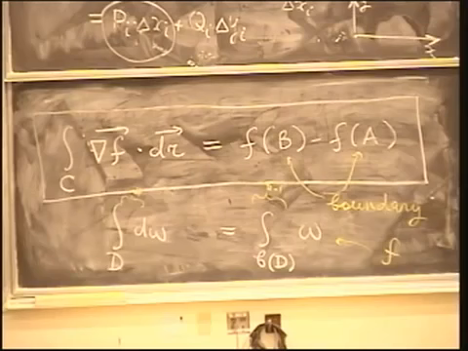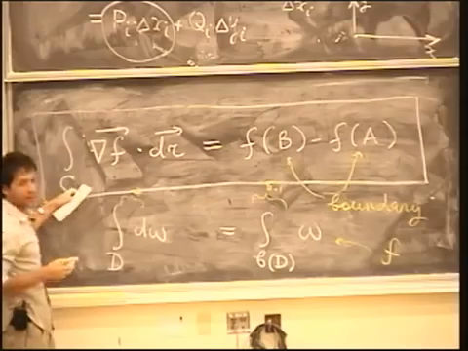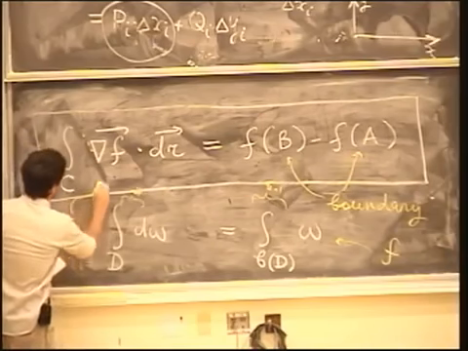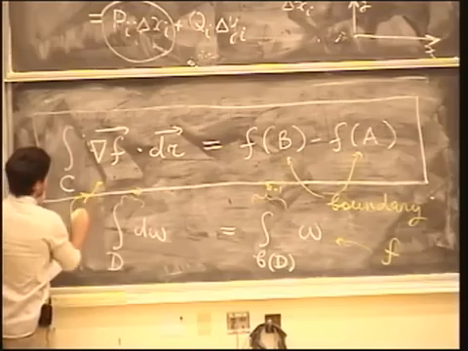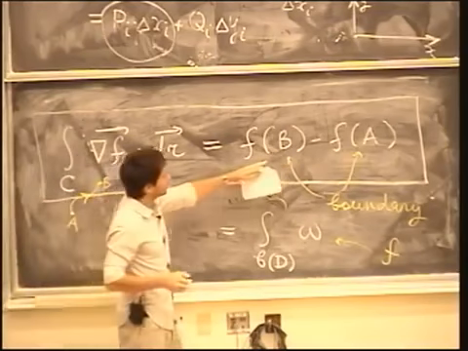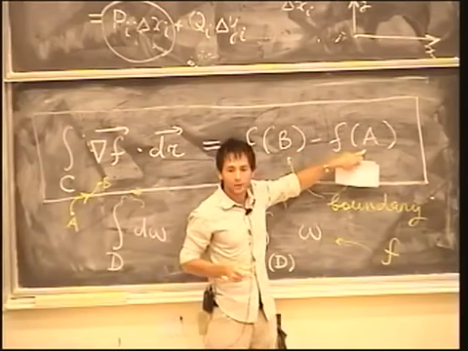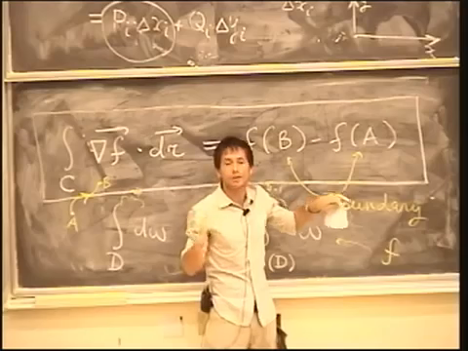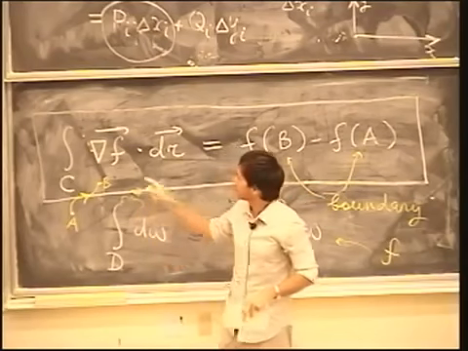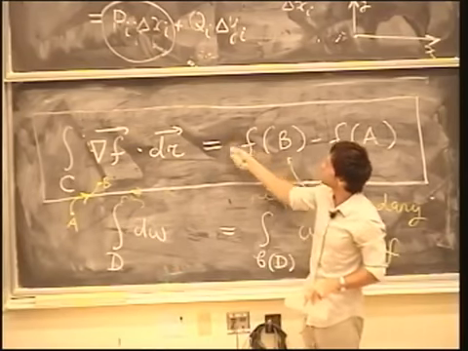In other words, the curve inherits the orientation of that interval. If this point corresponds to this and this point corresponds to that, the orientation would be like this. But if it was the other way around, the orientation would be in the opposite direction. So in this equation, we're taking the curve oriented from A to B. On the right-hand side, we take the endpoint, evaluate the function at that point, minus the value at the initial point. So it has to be consistent, because if it's not, you will get an equation with the wrong overall sign.